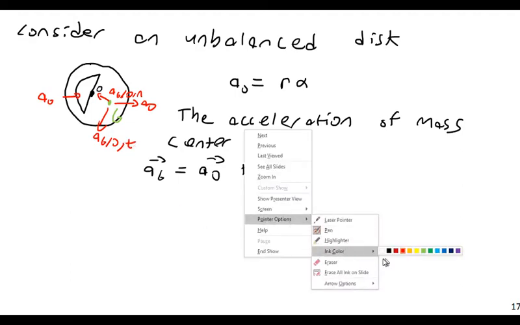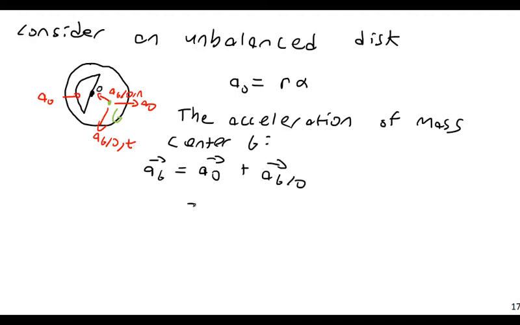So again, this will be equal to AO plus A of G with respect to O tangential plus A of G with respect to O normal. All right, questions on that?